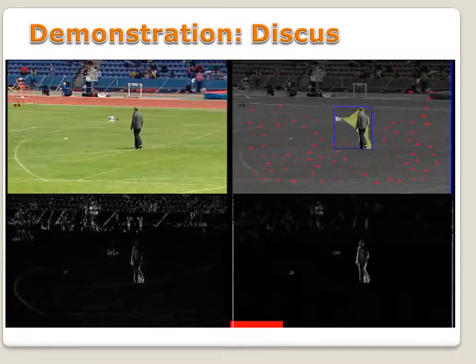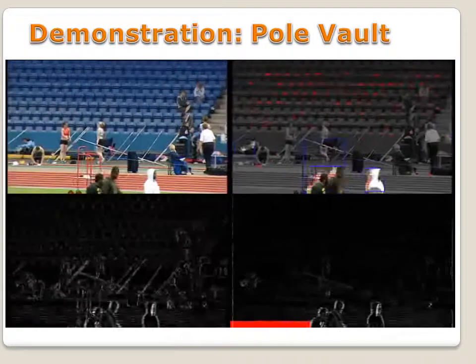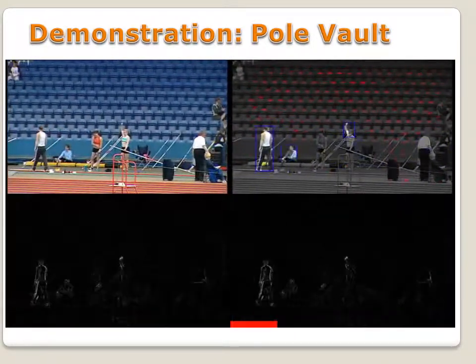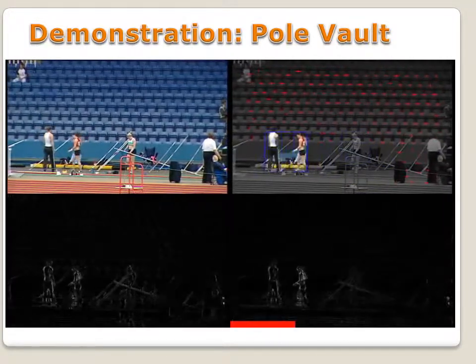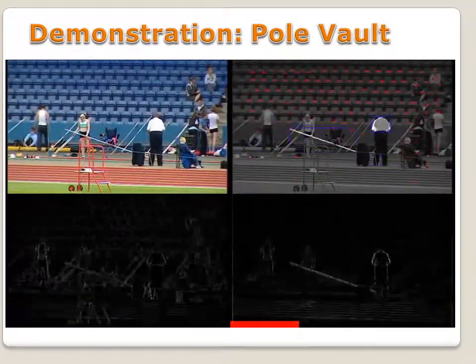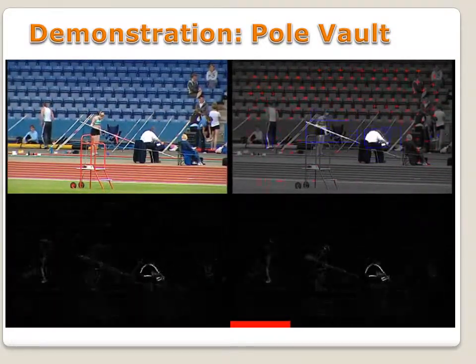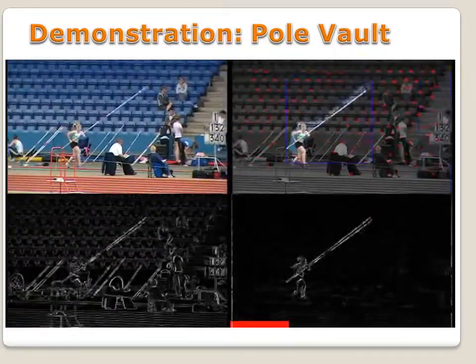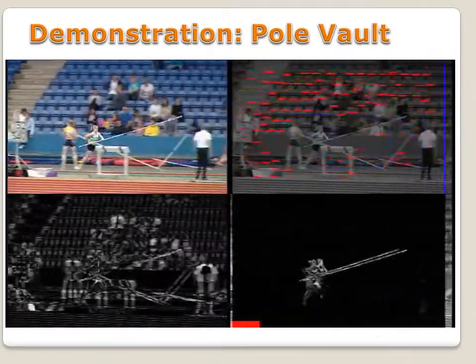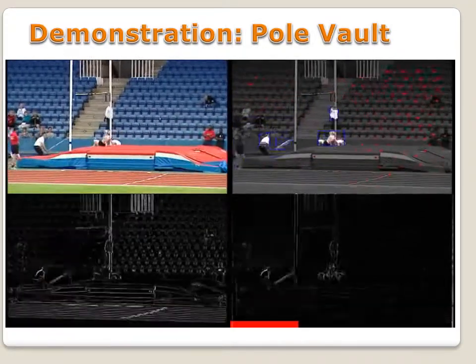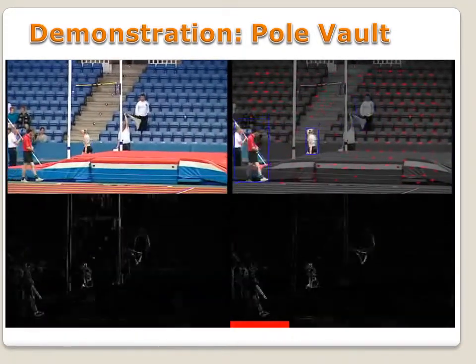Again, the discus is very evident. This is another example using pole vault. No background is evident in the bottom right image, and the athlete carrying the pole is evident.